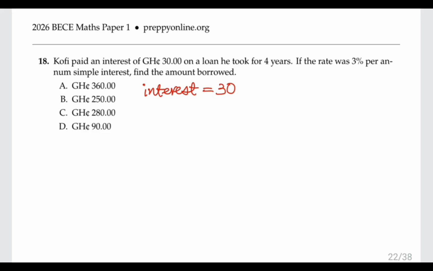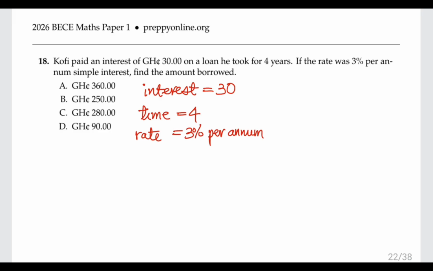He took the loan for 4 years, so let's record the time: 4 years. The rate, we are told, is 3% per annum, or 3% per year. And we are supposed to find the amount he borrowed.